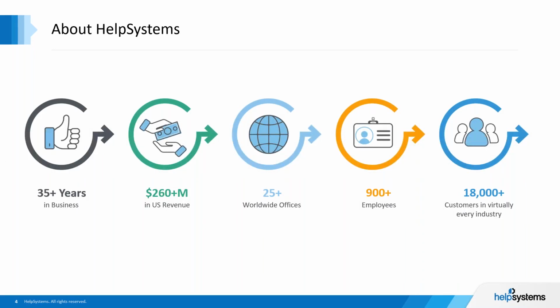So HelpSystems started way back in the 80s with the much loved and much used Robot Schedule, but we've come a long way since then. We now have well over 18,000 customers worldwide in every industry imaginable, close to, probably exceeding, $300 million revenue, with offices all over the globe.